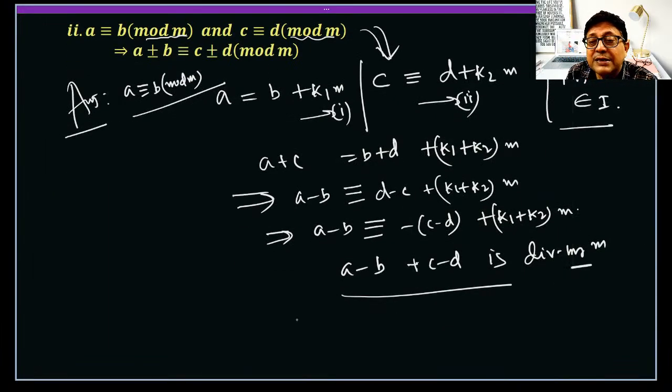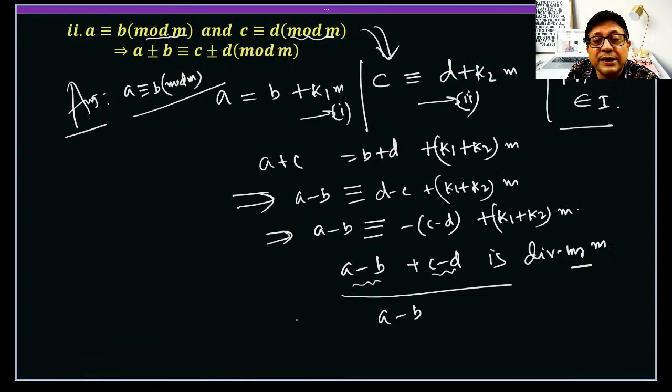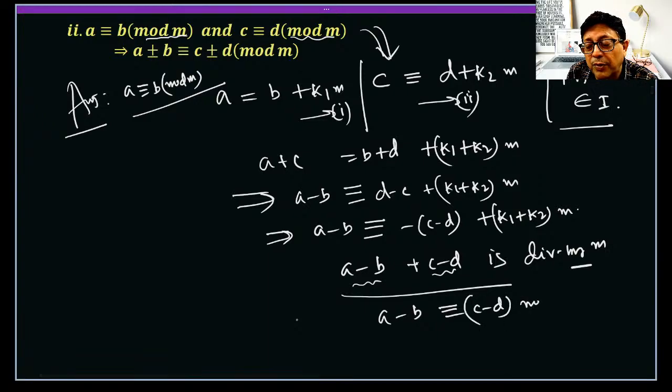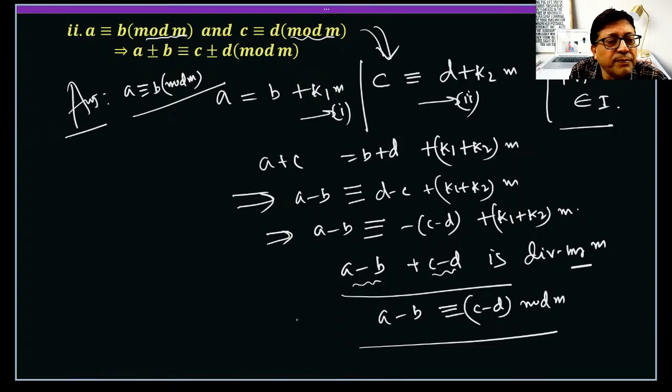A minus B and C minus D are individually divisible by M. So you can say that A minus B congruent with C minus D mod M. Clear? So let us take one example.